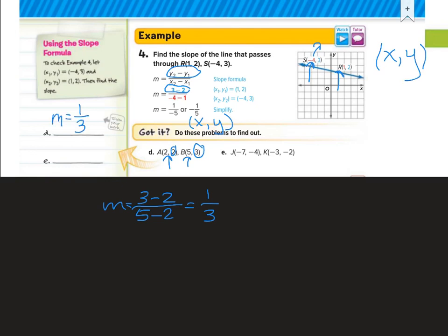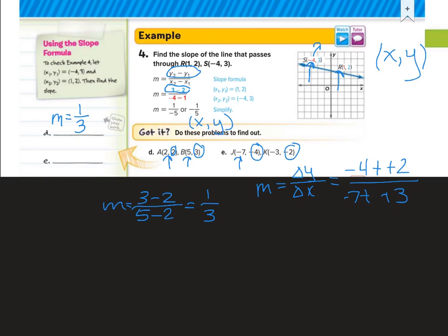For E, I'm going to write my point slope form. m equals my change in y over my change in x. So my y coordinates are here. So I have to take -4 minus a -2. And I'm going to keep that in the same order. So now I have to start with the -7. -7 minus a -3.